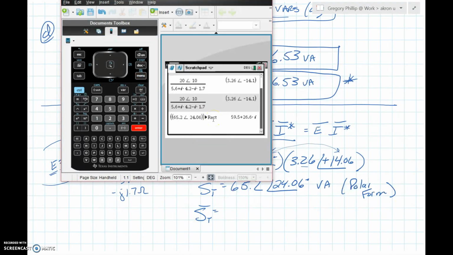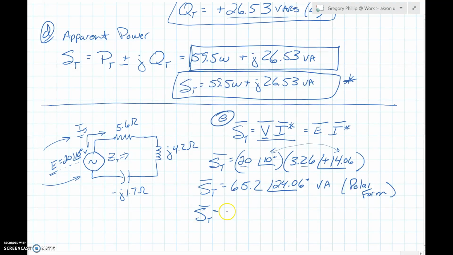That gives me the number 59.5 plus J 26.6 VA, and this is watts. This should be watts and VARs. S is in VA, P is in watts, and Q is in VARs. And that completes this video.